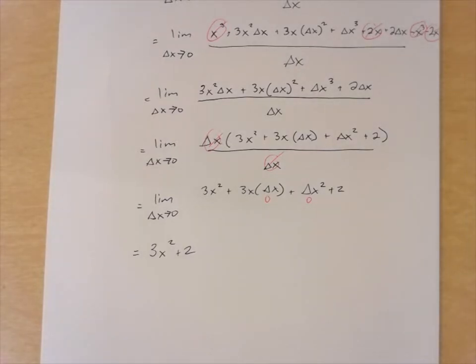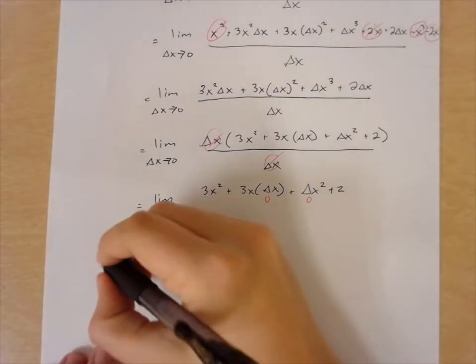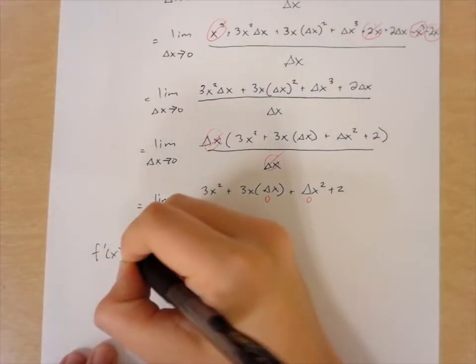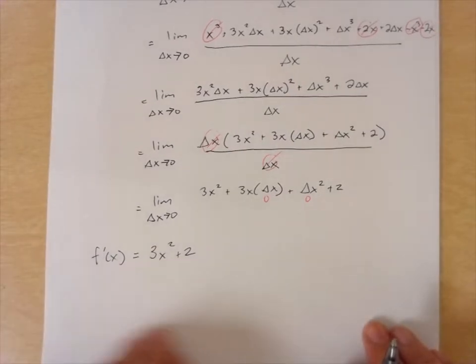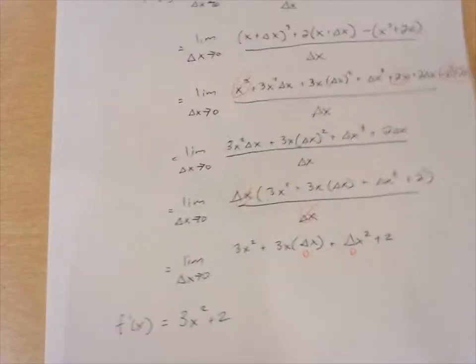And now that is our derivative, and that is where we stop. So we say f prime of x equals 3x squared plus 2. Alrighty, now let's move on to another example.